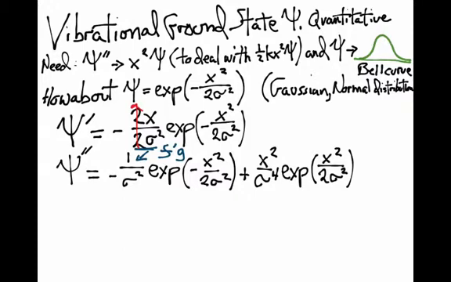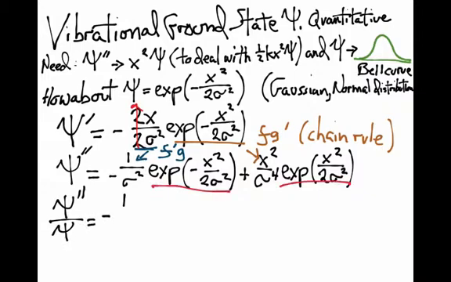We had one x over sigma squared leading the exponential, and another one comes out, so we're going to get x squared over sigma to the fourth times e to the minus x squared over 2 sigma squared. And that's an fg prime type term. This is the chain rule, where we take the derivative of fg, and it's f prime g plus fg prime.